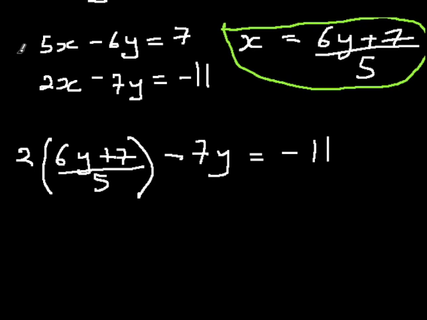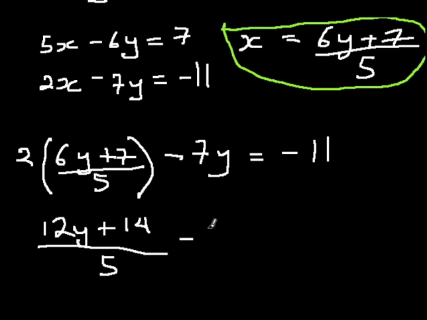So at this point, you should only have this equation in terms of y. And all we have to do is some arithmetic to simplify it. So I'm going to multiply the 2 across everything, and I'm going to get 12y plus 14 divided by 5 minus 7y is equal to minus 11.